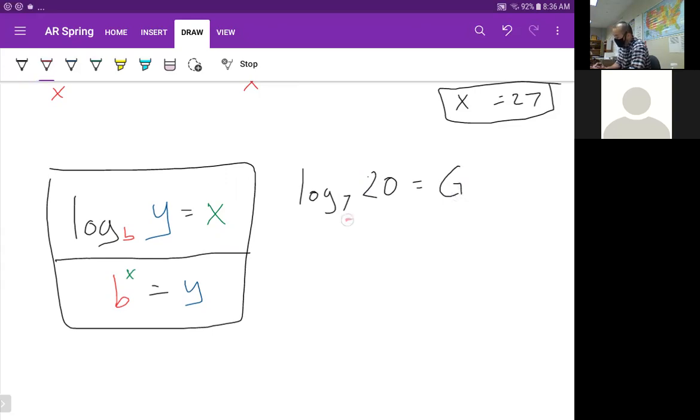So here's your red one. Here is your blue one. And here is your green one. Hey, G for green, that worked out. So the red one is 7. 7 to the green one, to G, equals 20. So this is rearranging the logarithm. So you can do that backwards, you can do that forwards.